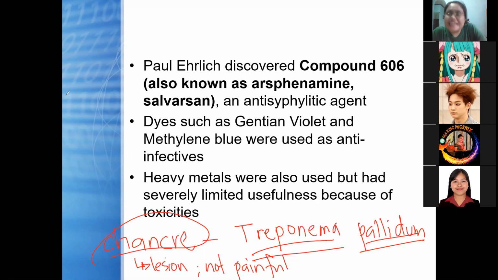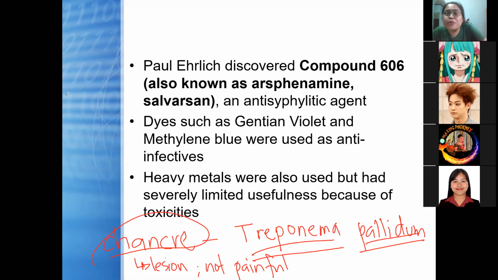And then dati, we also use heavy metals as anti-infectives because heavy metals can precipitate the protein of the bacteria. Thus, it can result after some time in the death of the bacteria. However, remember that heavy metals are cumulative poisons.